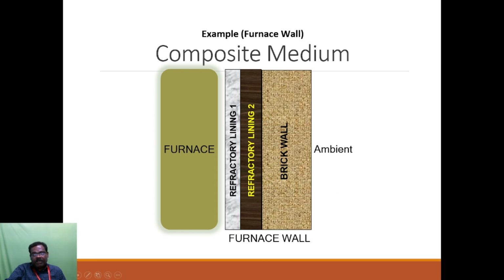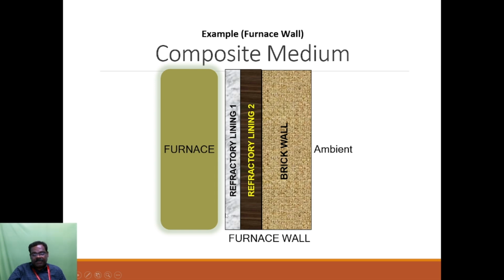So this particular furnace wall consists of 3 different materials, refractory lining 1, refractory lining 2, and brick wall, with different thermal conductivity. The thermal conductivities of the three surfaces are K1, K2, K3.